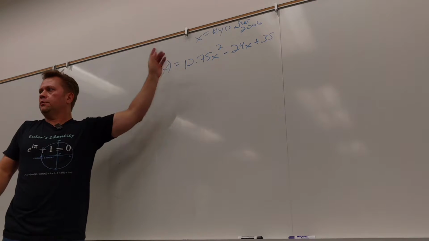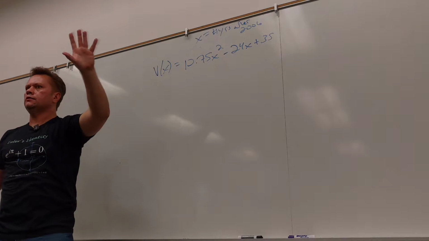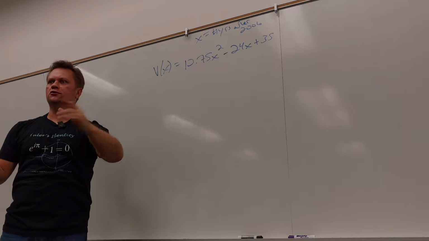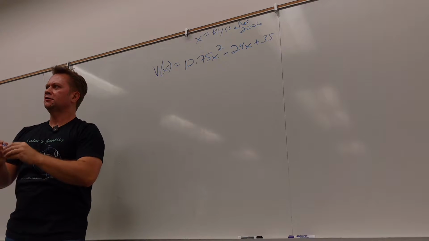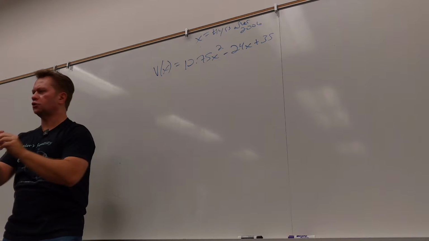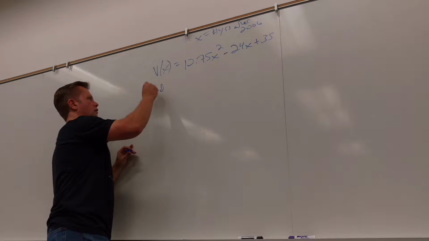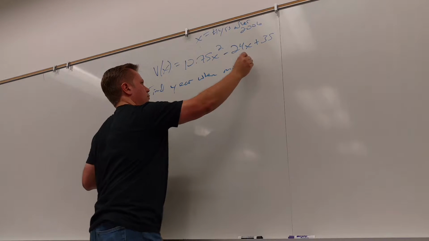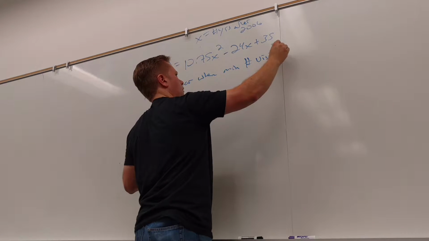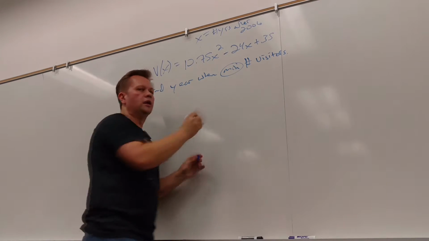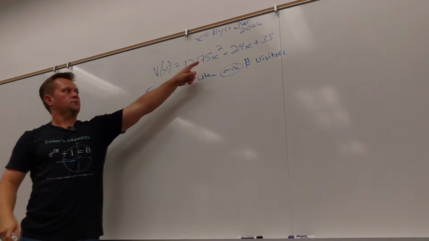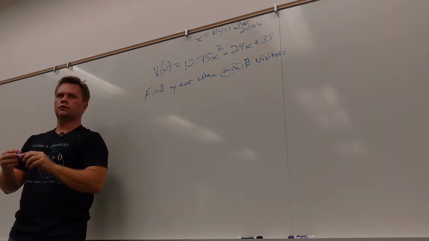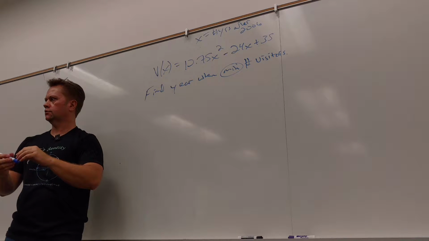Opens up. So if I said find the year when the number of Facebook visitors was at a minimum, that would be something you need to interpret. So when you see the word minimum and you have this quadratic, you know that means find the vertex. So how do I find the vertex?